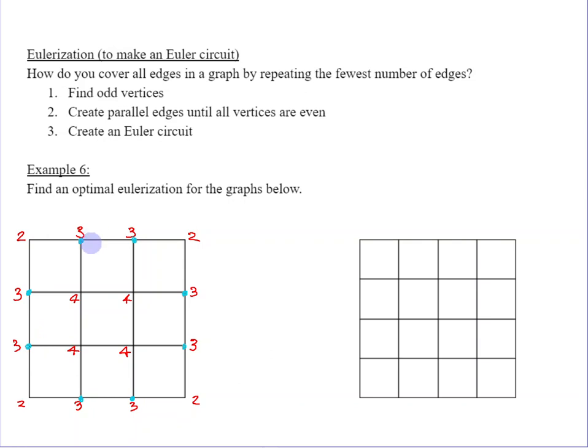Well, if I just connect these two, now they both have a degree of 4. And I can do the same on each of the sides. So now all of those odd vertices are now even vertices. So I have Eulerized my graph.